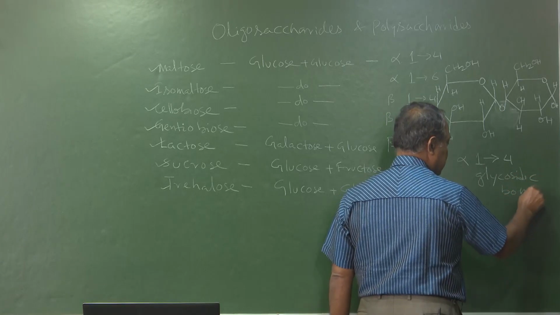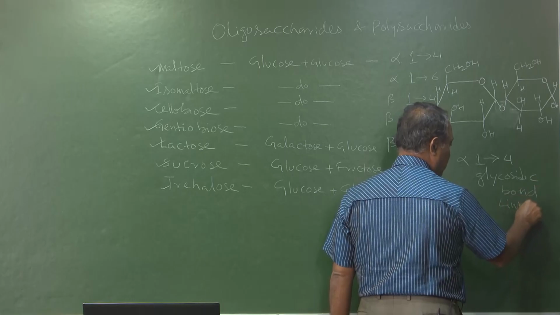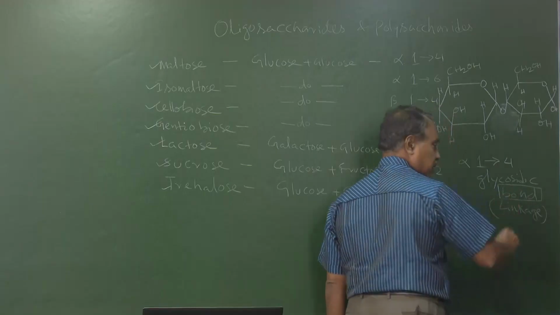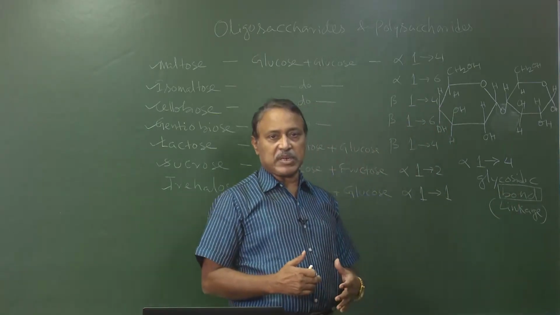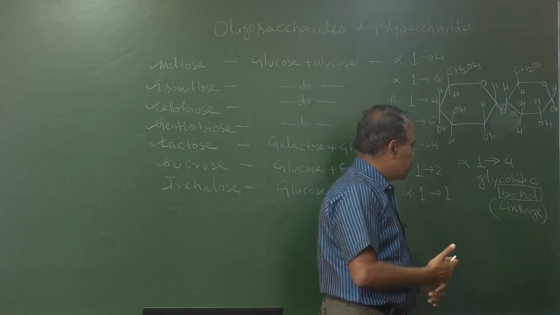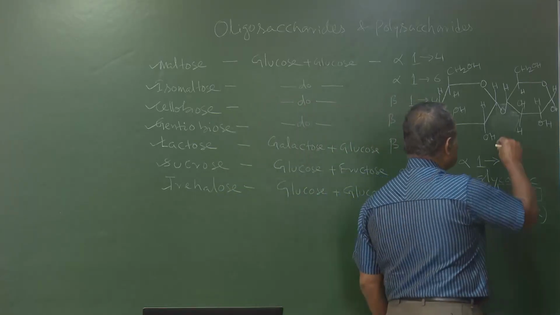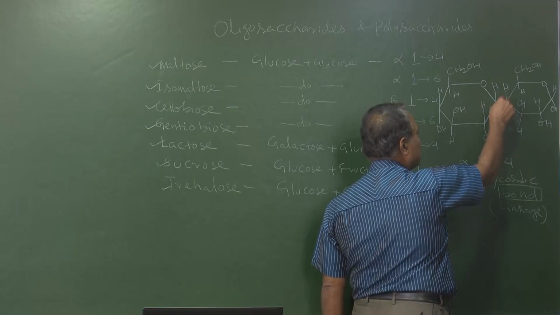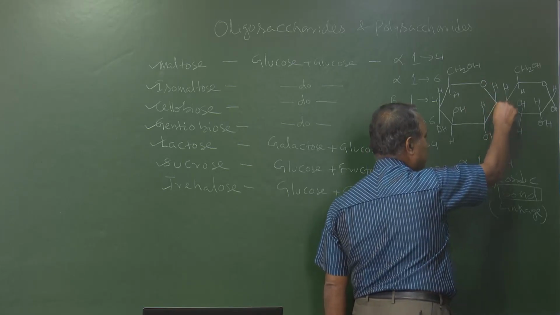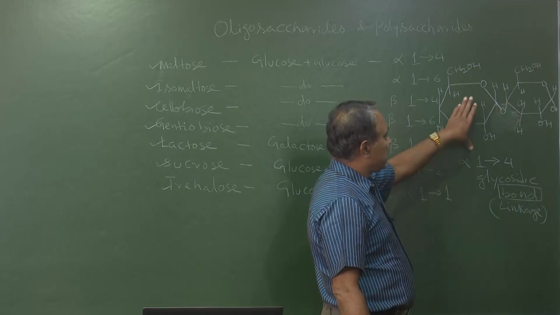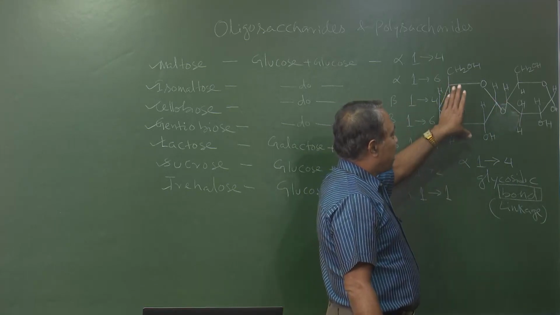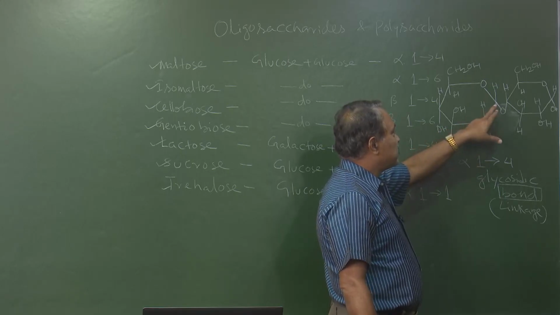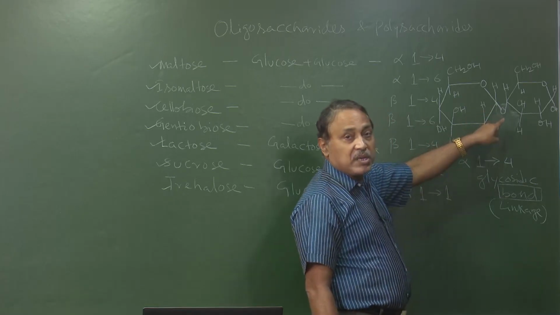Bond or linkage. The word linkage is also very commonly used. The term bond is sometimes misleading. We can use linkage, but the meaning is the same. So why do we call this alpha 1,4? The monosaccharide unit whose anomeric carbon atom is used in production of the glycosidic bond, we have to check whether it is in alpha configuration or in beta configuration.